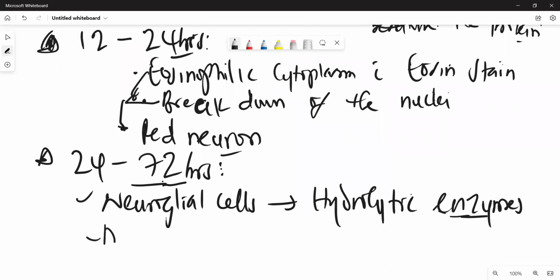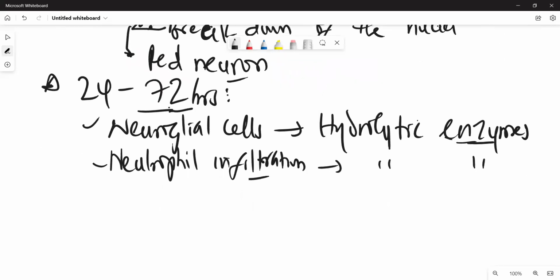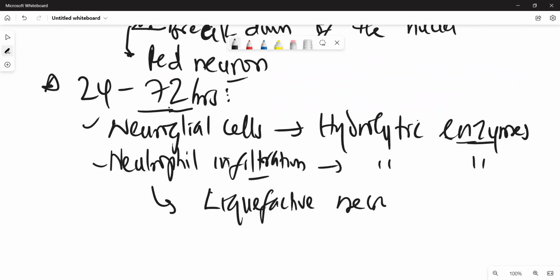And of course, we can also have neutrophil infiltration. So the neutrophils can start to move into the tissue, and they can also release hydrolytic enzymes, like we mentioned earlier. And the effect of all these hydrolytic enzymes is that they hydrolyze the tissue, and that will lead to liquefactive necrosis.